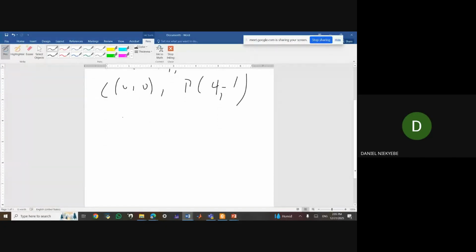We can sketch it, madam. Please, madam, let me just try and sketch it. We'll put the positive 4, negative 1. So positive 4 maybe here. Let me, how do we sketch it?